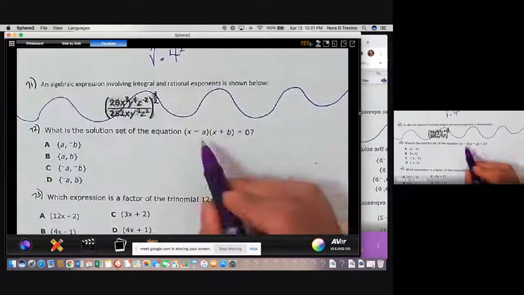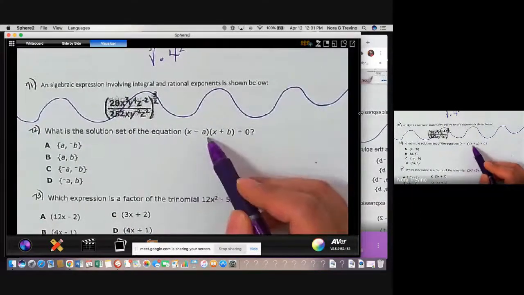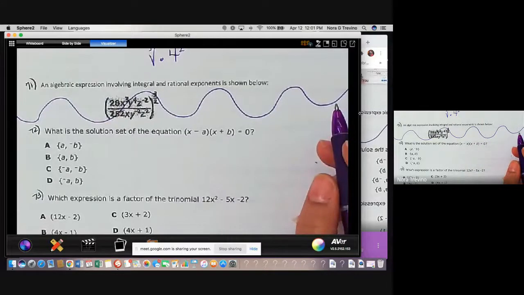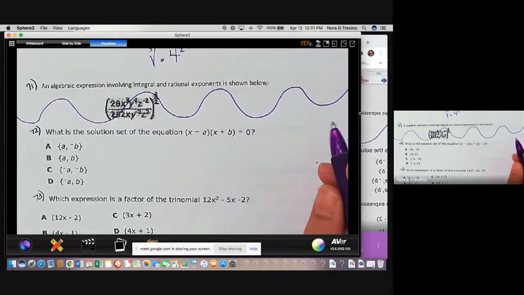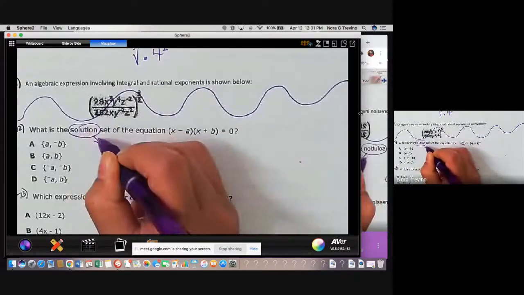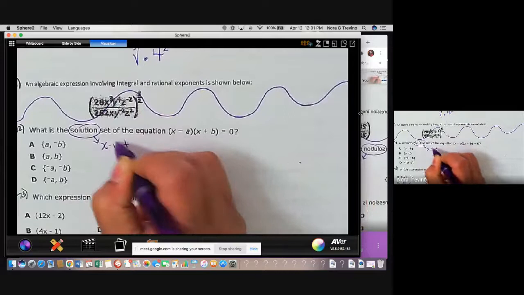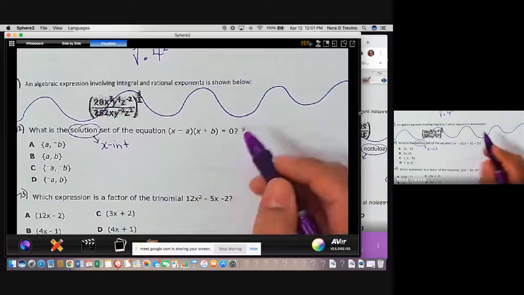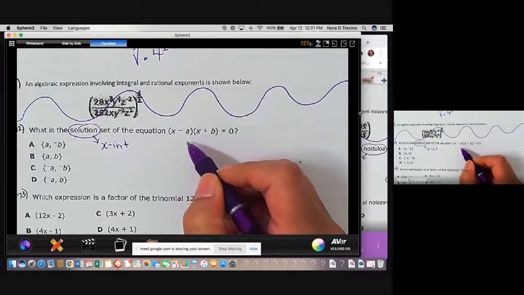All right, so when you see 2 parentheses like that, it should remind you of the intercept form of a quadratic, okay? And solutions means the x-intercepts. And remember how we found the x-intercepts? We would take the opposite of the parentheses, okay?